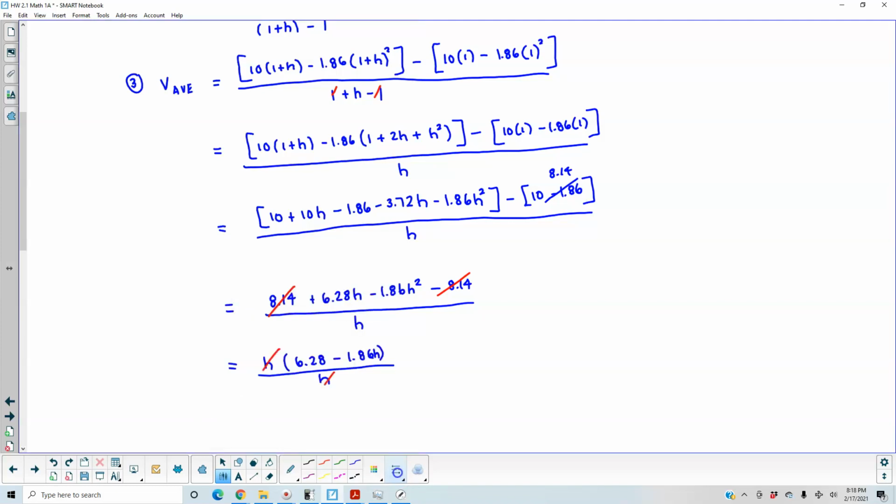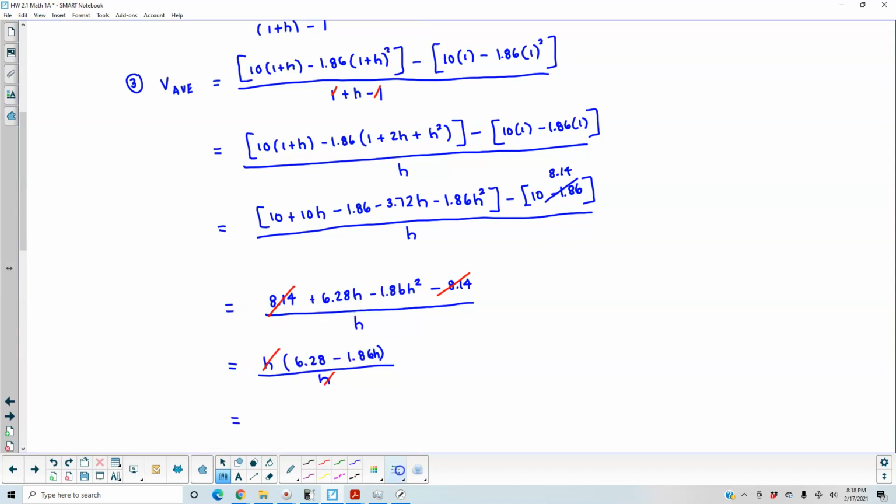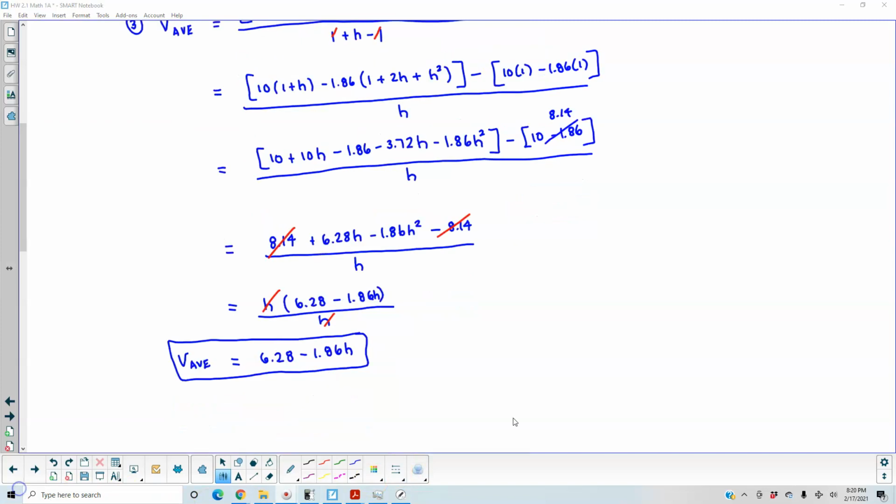So we can simplify the h, and then what's left is 6.28 minus 1.86h. And therefore, there is our average velocity formula according to what h represents. And so keep in mind here that this is if h does not equal 0.